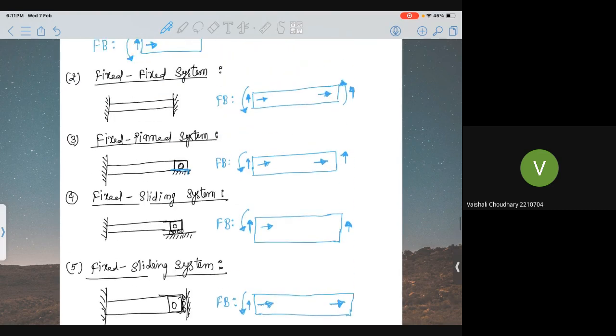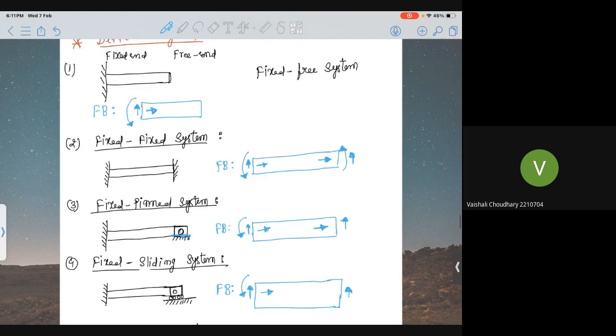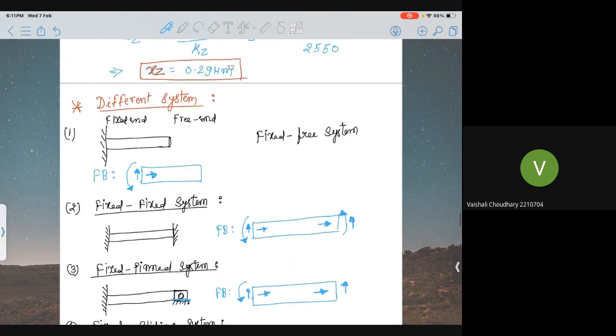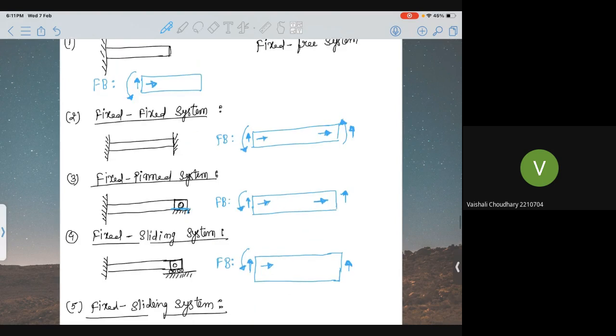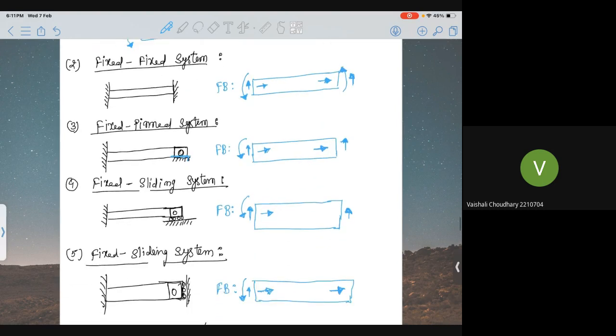So these are the six types of general mechanical systems. One is fixed free, as the name suggests: one end is fixed and the other end is free. The other systems are the fixed-fixed system, then the fixed pin system, and the fixed sliding system.